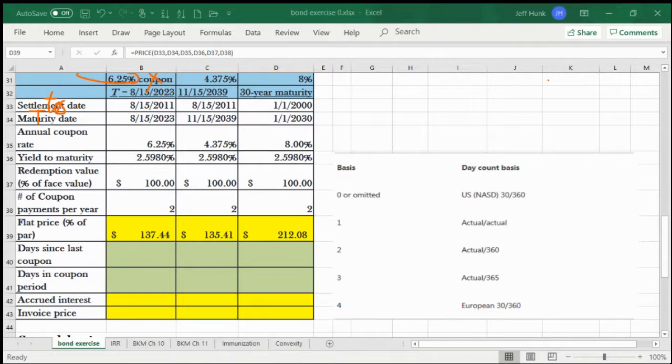So let me. So in the second one, the yield to maturity is 3.697.